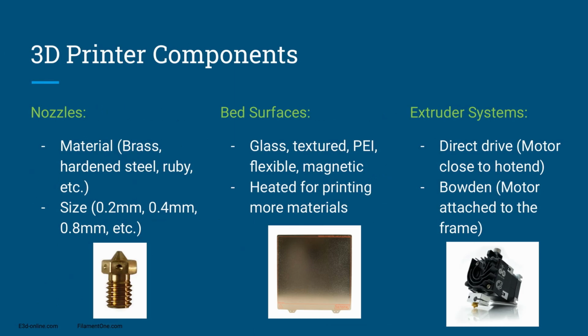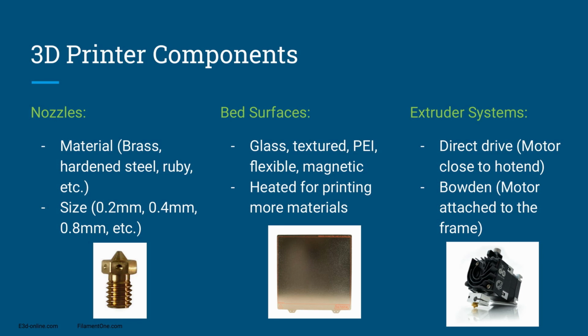So here's a list of some 3D printer components, and I just picked 3 major areas of a FDM 3D printer just to share with you guys. There are nozzles, which is very important. This is where the plastic is squeezed out and laid down layer by layer. There are many types of nozzles that come in many different materials.